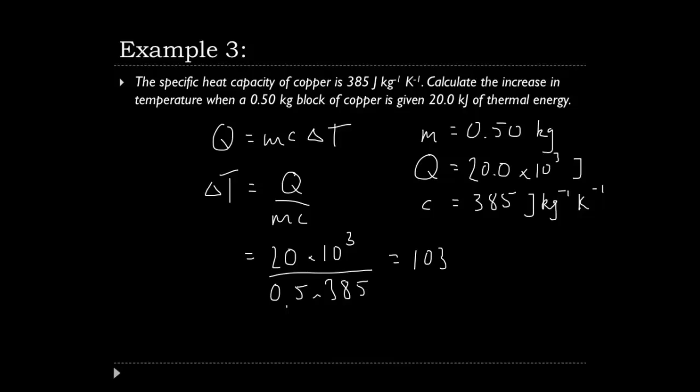How many significant figures do we want? Just 2, because our mass was given to just 2. So let's state this to the correct number of significant figures. So we really want 1.0 times 10 to the 2 Kelvin, or 100 Kelvin.